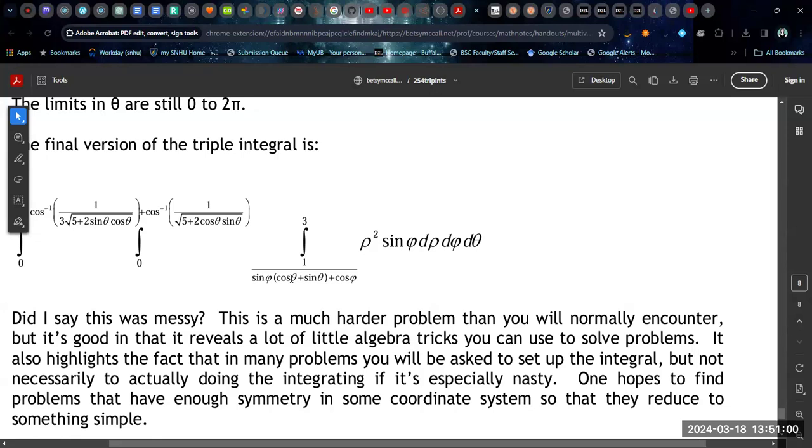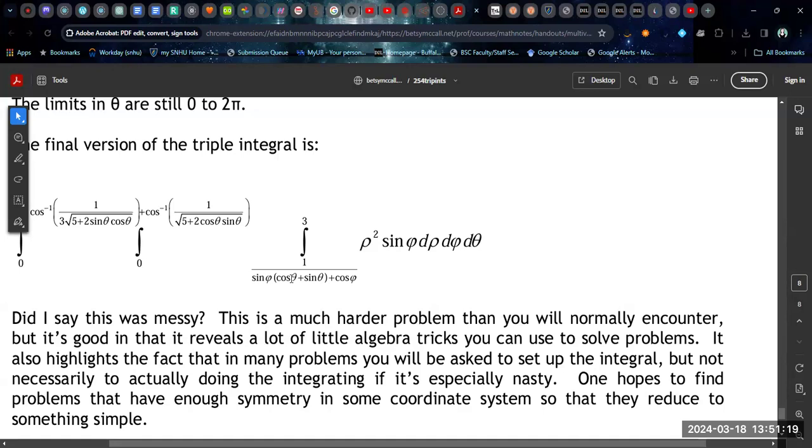And so textbook problems are usually chosen very, very carefully to make sure that the algebra is going to work out. You're really only going to encounter problems that are this level of nasty in bonus problems or things like that.